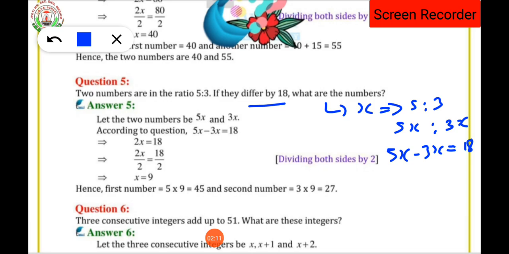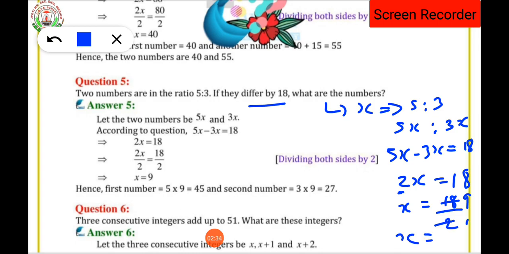Now 5x minus 3x gets subtracted, so the result will be 2x is equal to 18. Now x is equal to 18 divided by 2, so it will become 9.